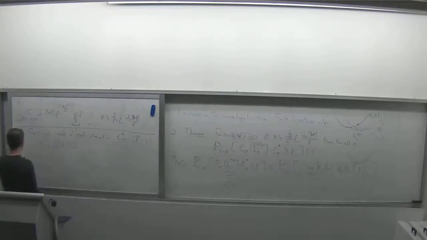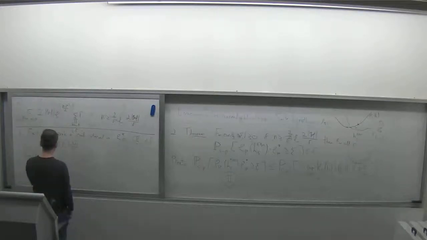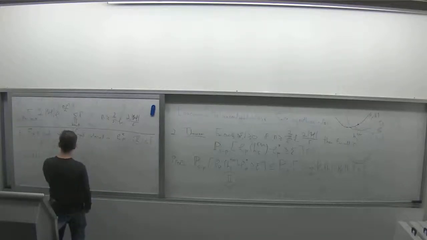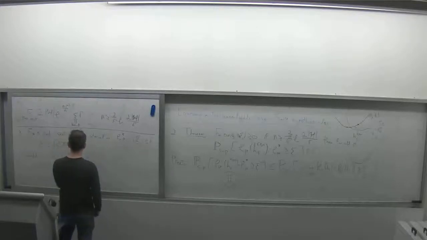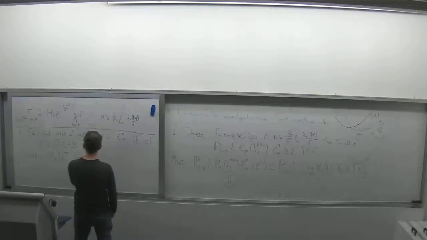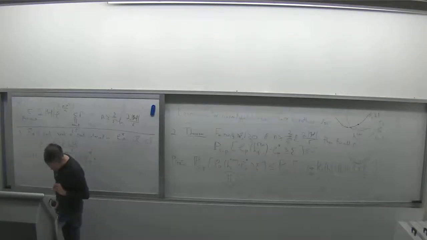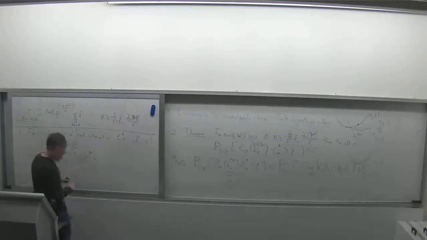And from this we conclude that the generalization error of ERM is less than or equal to E star P plus, probably, I'm sorry, I want to do it the other way.